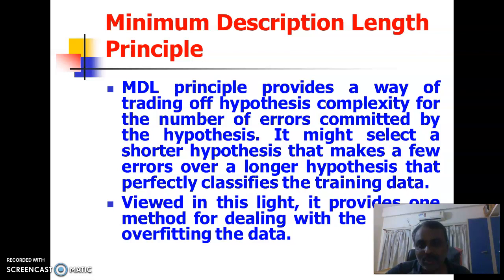But when you give new examples, it may cause errors in classification. This is called overfitting the data. That is, we are overfitting with the training examples. So it does well with the examples, but it causes errors with new instances.